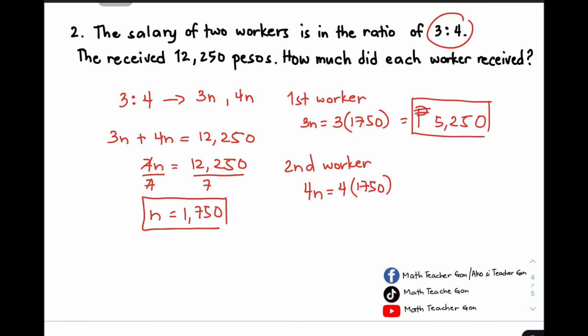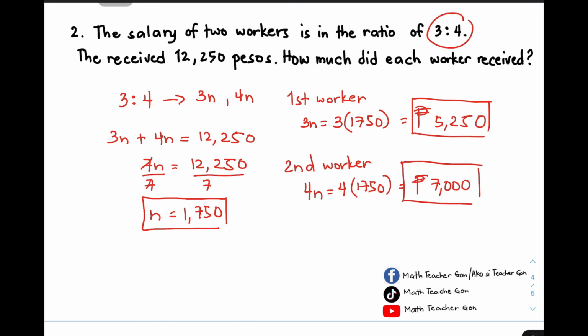So 1,750 times 4, and that will give us the answer of 7,000 pesos. Ganun lang siya kasimple, guys. Ito yung salary ng dalawang worker. For the first worker, we have 5,250, and for the second worker, we have 7,000 pesos.